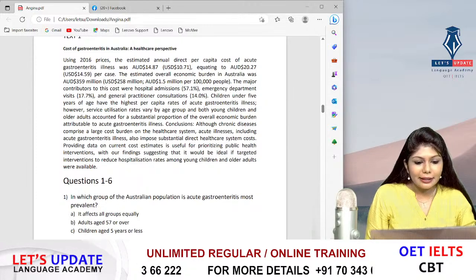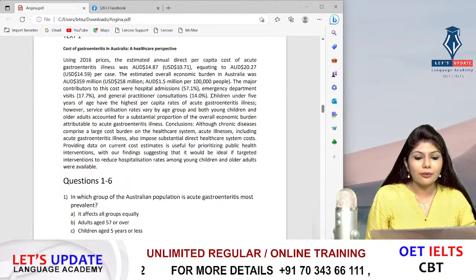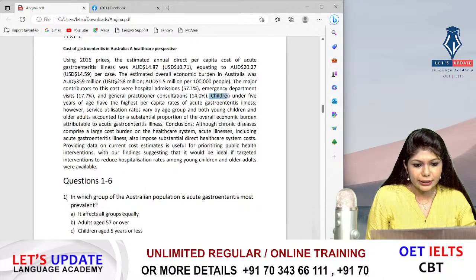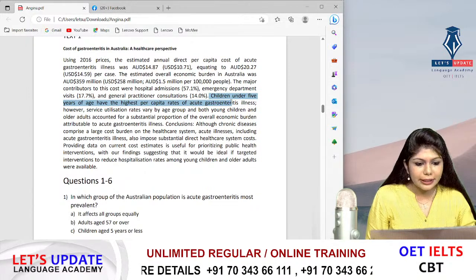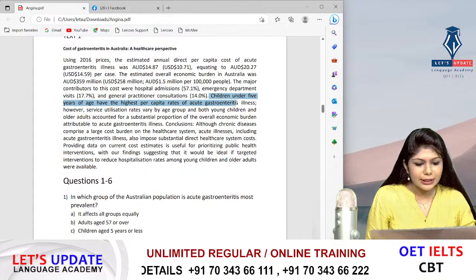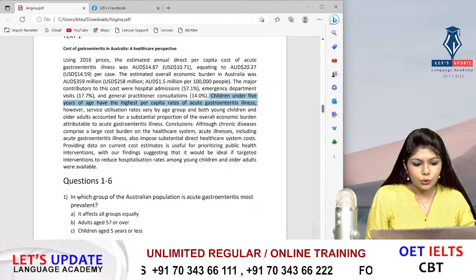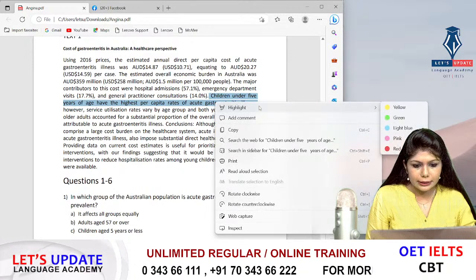Let me tell you where the answer is, for those of you who have not been able to locate it. It's over here: children under 5 years of age have the highest per capita rates of acute gastroenteritis illness. Which age group is the question? I'll just highlight it.